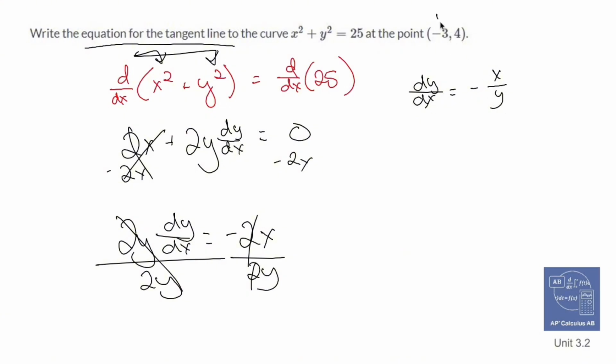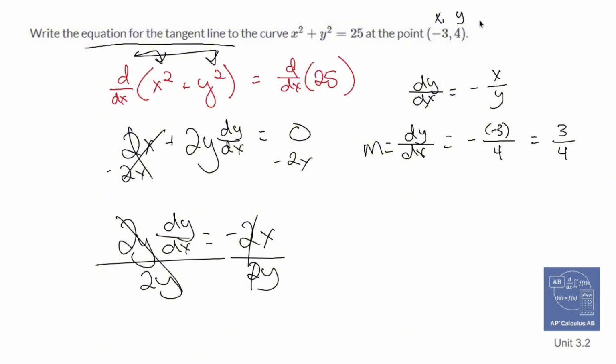I can now say you were an x and you were a y. Let's plug those points in. So my slope is going to be negative 3 over positive 4, so I have a slope of 3 over 4.